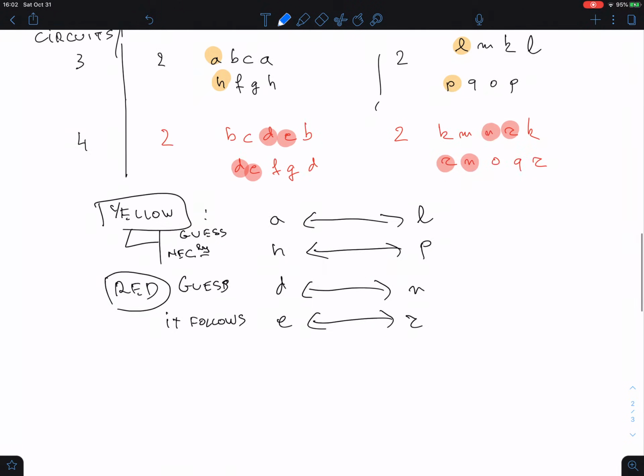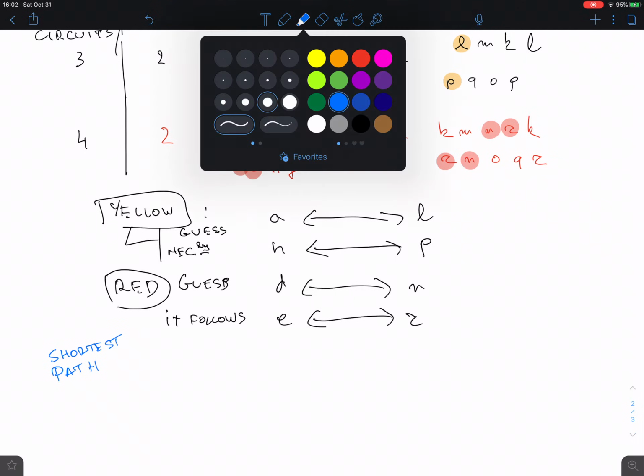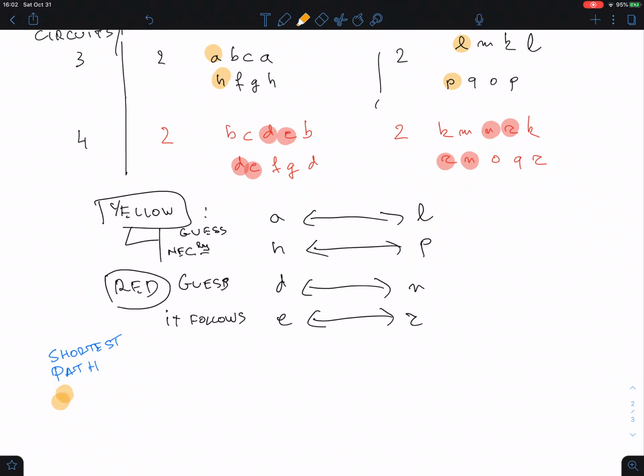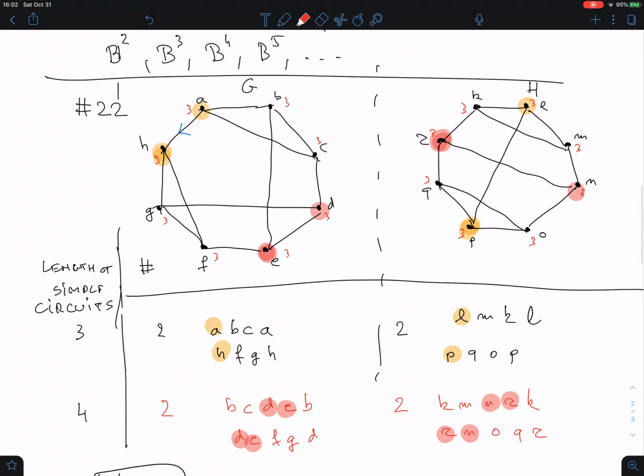So I'm going to write this here: the shortest path from the second yellow to the second red. It doesn't matter what I choose. I chose these two, okay? But I want to see whether that points out one particular vertex. Is there anything that is therefore fixed by this?